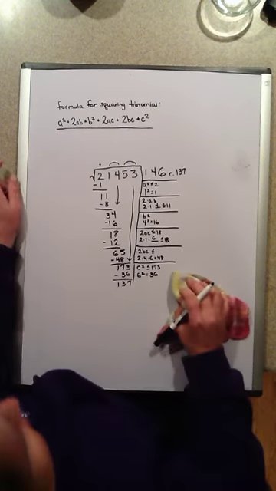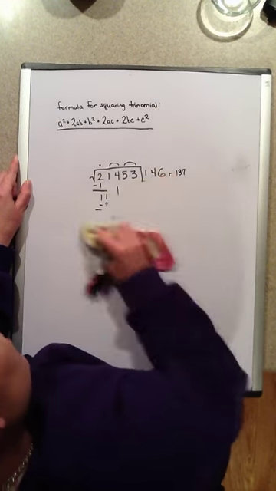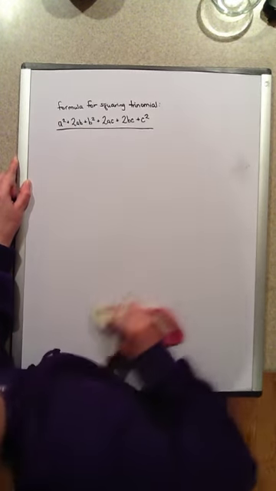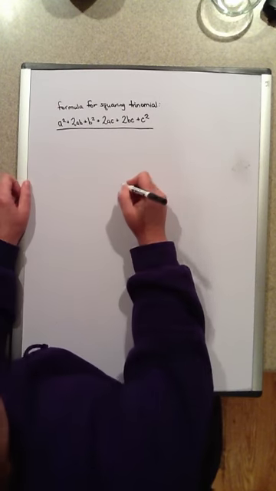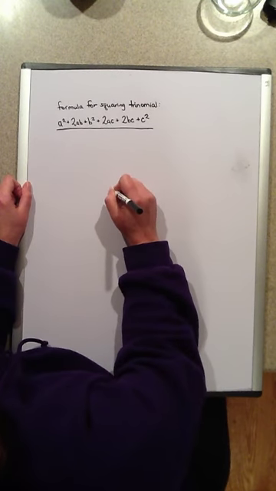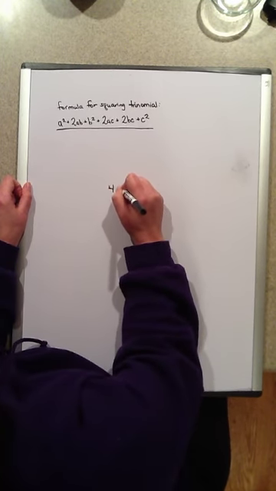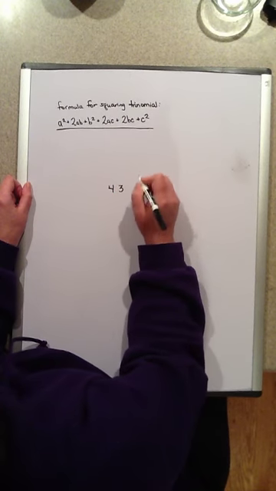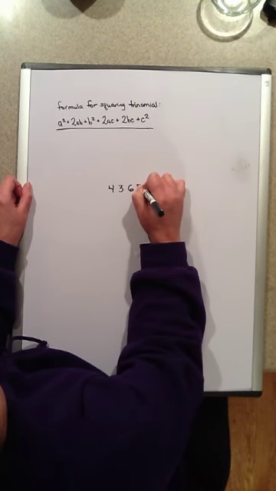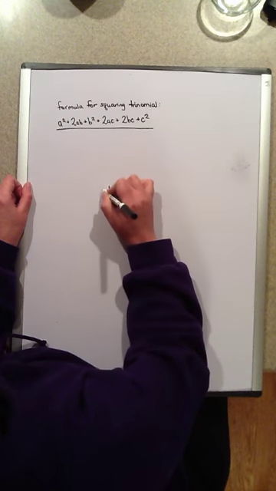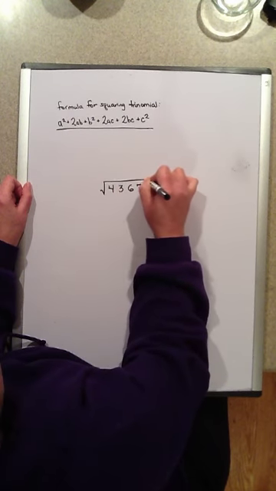Okay, let's do the next problem. The next problem is the square root of 43,674.5.